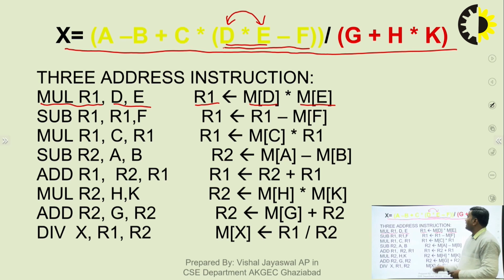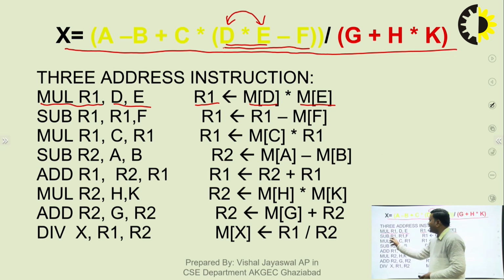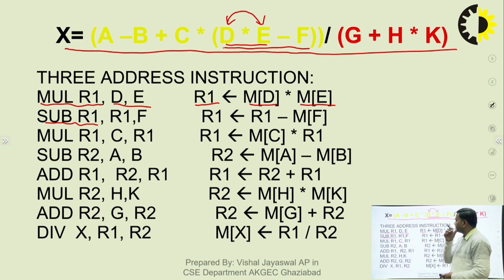Then we have to subtract F. For this we write the instruction SUB, meaning subtraction, R1 comma R1 comma F. R1 is holding the multiplication of D into E from the previous step.